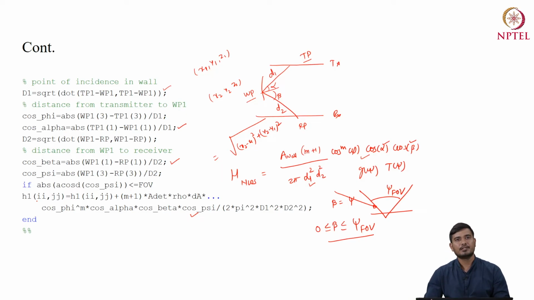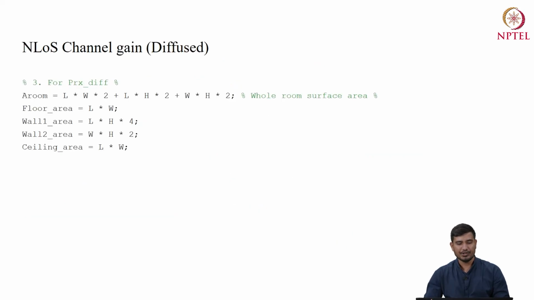There are other models that exist, like the diffuse channel model, for the non-line of sight channel gain as diffuse. In this case we consider the non-line of sight channel gain with equal reflectance from each wall. For that, suppose the room has length L, width W and height H. Based on the floor area, wall area and ceiling area, you can calculate the overall channel gain.